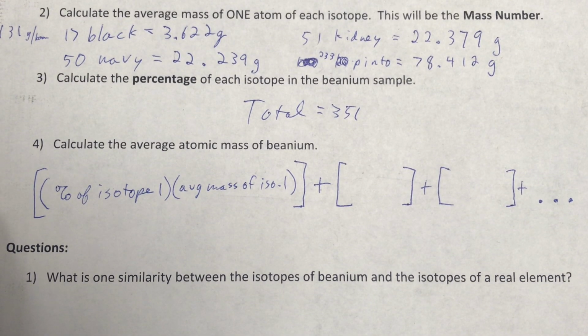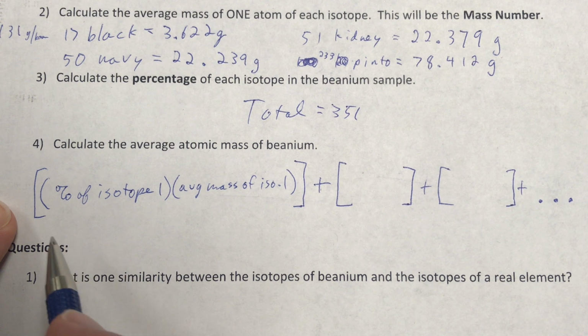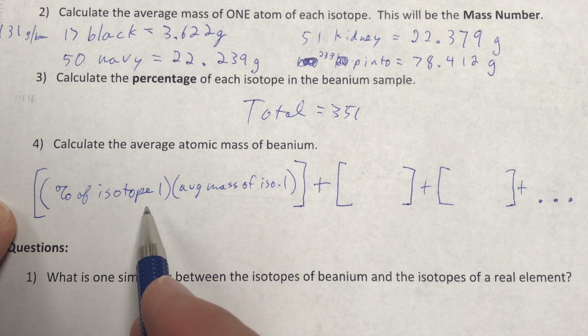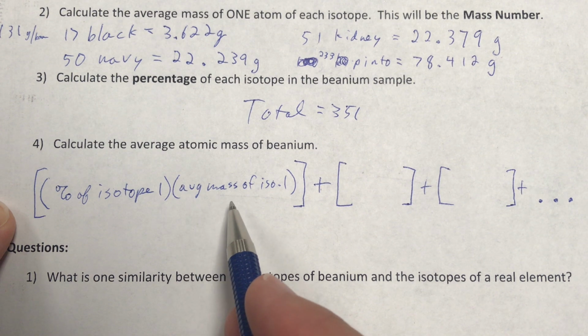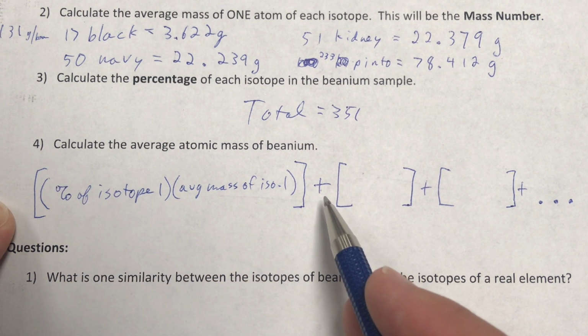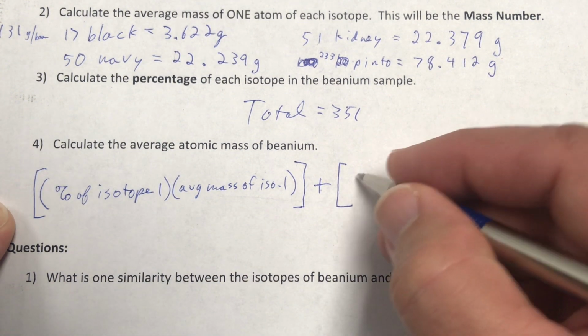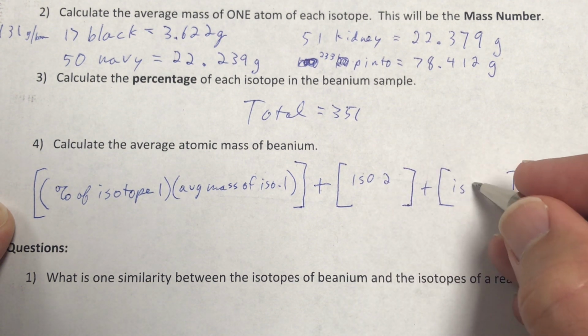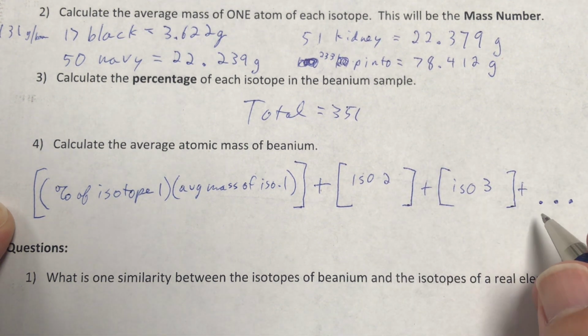All right. Step 4 says to calculate the average atomic mass of Beanium. The way that the average atomic mass is calculated is that you take the percentage of isotope number 1 and you multiply by the average mass of isotope number 1, and then you take that value and you will add that with that same calculation for isotope number 2, isotope number 3, and so on and so on.